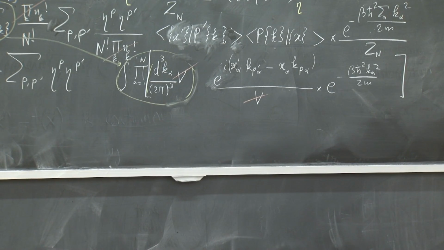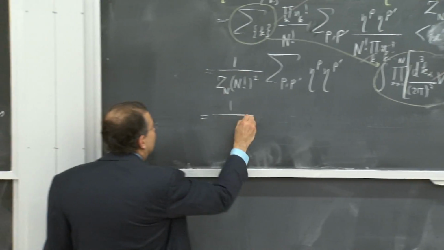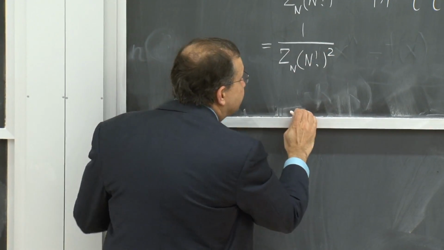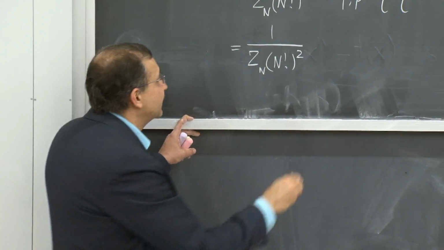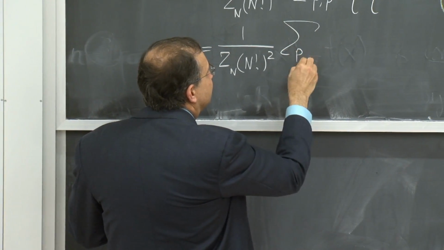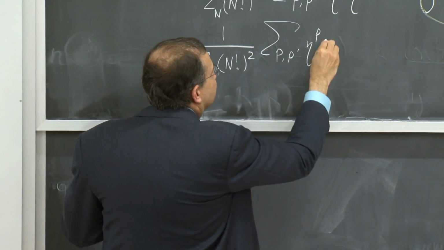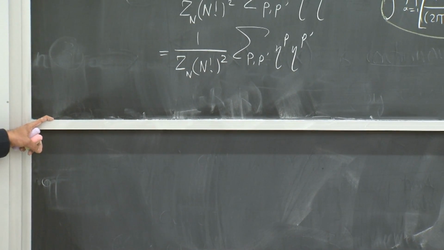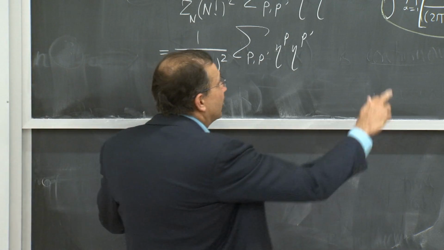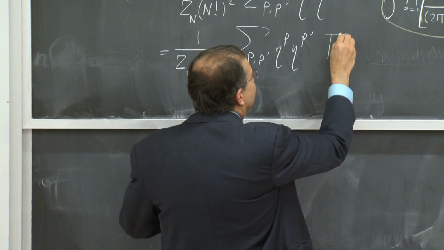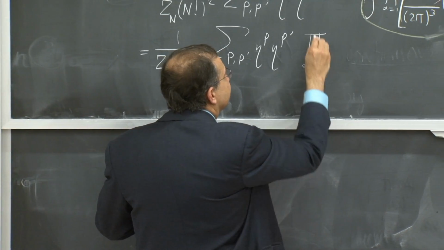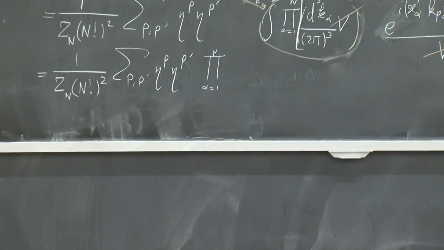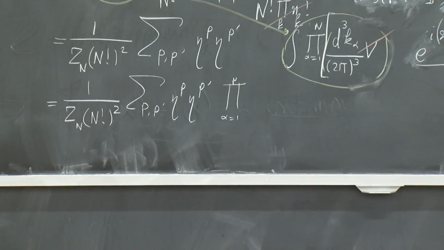All right, so that's fine. What do we have? We have 1 over Zn, n factorial squared. Two sets of permutations summed over, p and p prime, corresponding parities, eta of p prime. And then I have a product of these integrations that I have to do that are three-dimensional Gaussians for each k alpha.